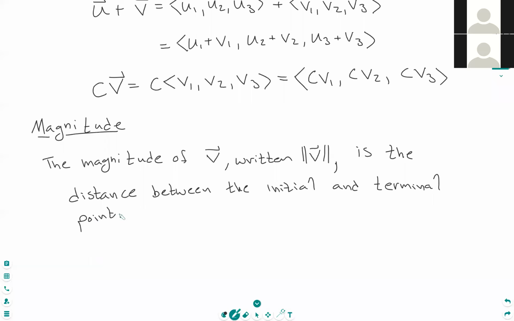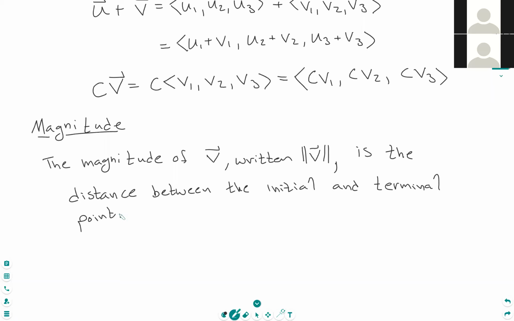That makes sense. When you're talking about just scalar values, saying what is the magnitude of -5, it is the distance from the origin that -5 has. It's 5 units away, right? This is very similar: what is the distance between the initial point and the terminal point?